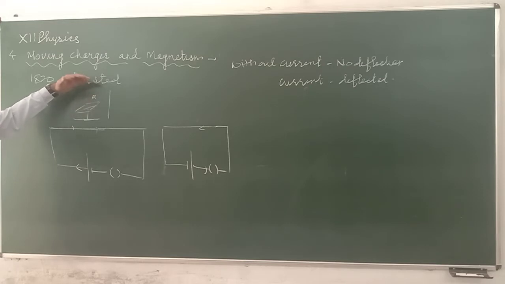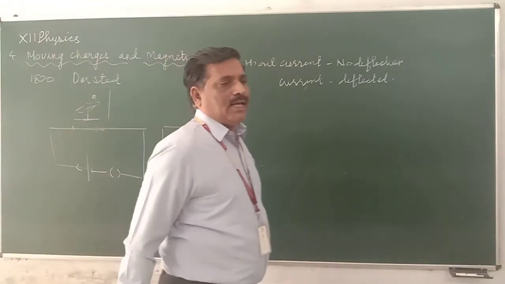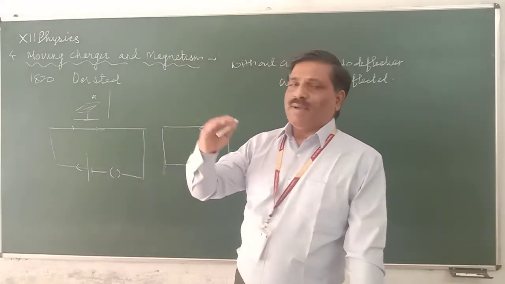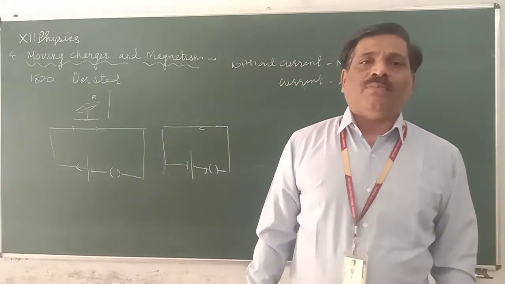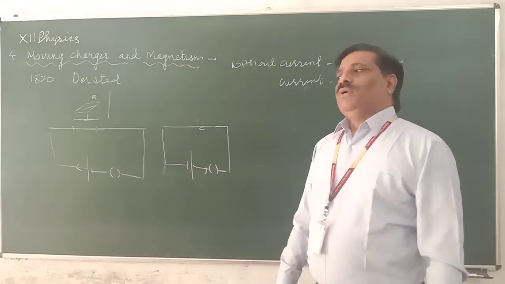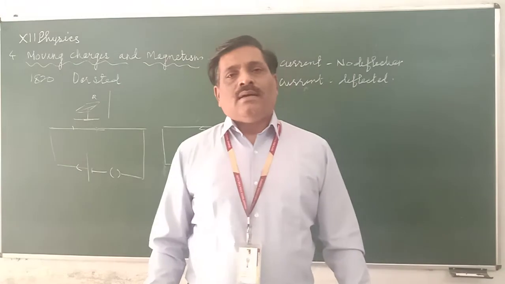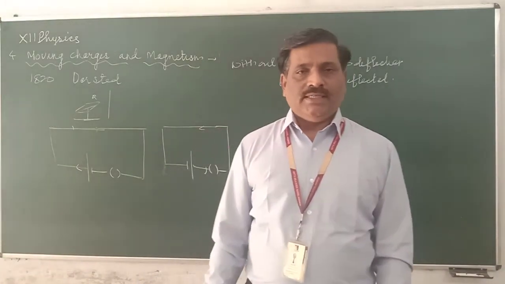When the needle was kept away from the current carrying wire, he found that the deflection was reduced. For the same amount of current, deflection decreased as the needle was taken away from the wire.